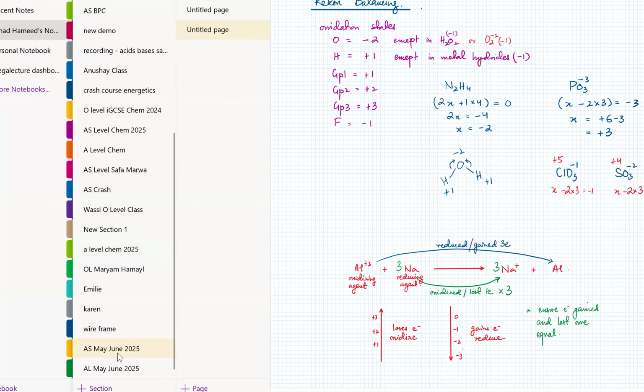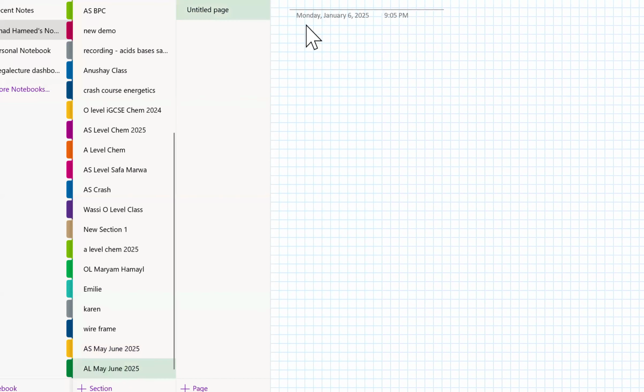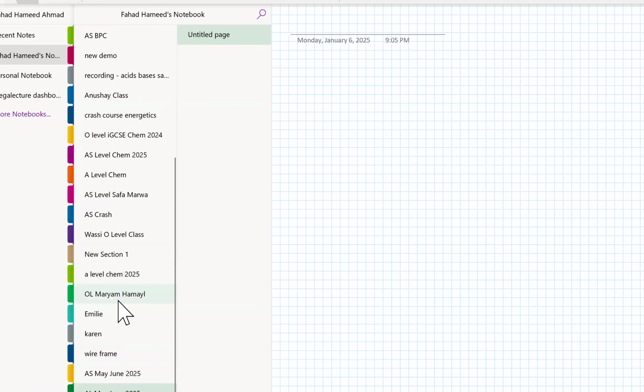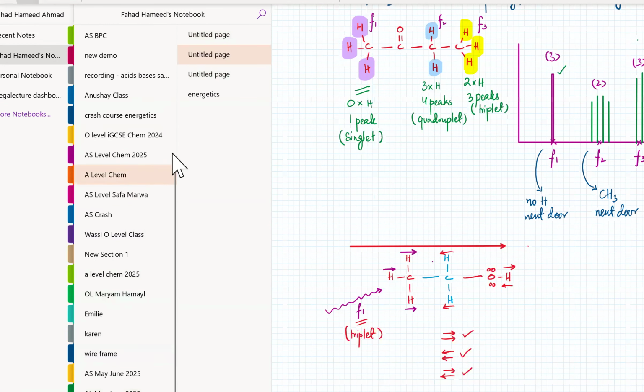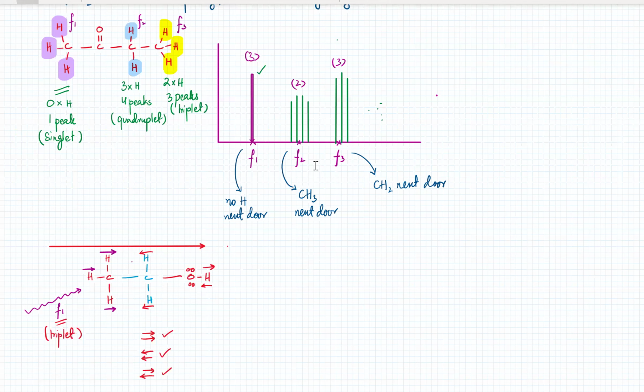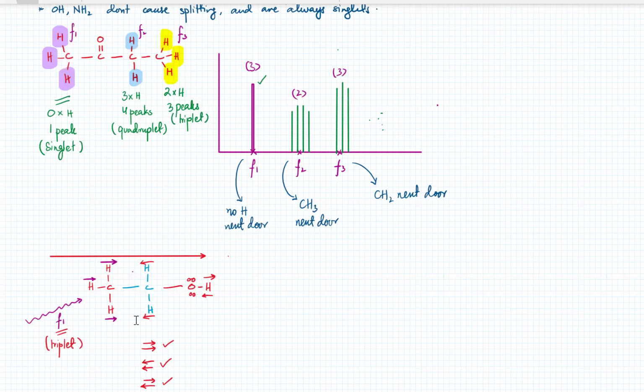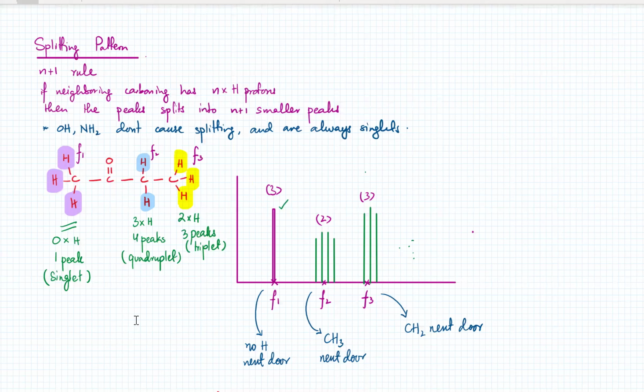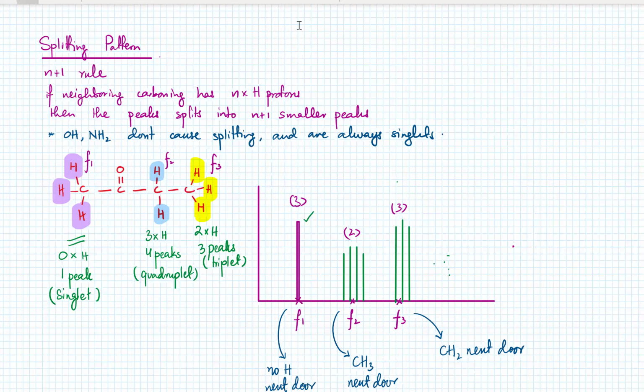The idea, where were we working on at? अच्छा, ठीक है, we were somewhere over here. Yeah, this one. So I think I had explained to you the splitting pattern, right?